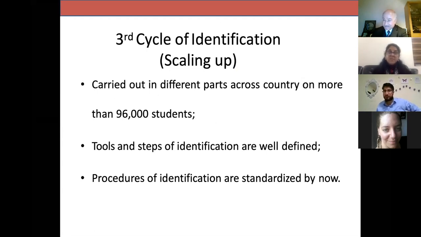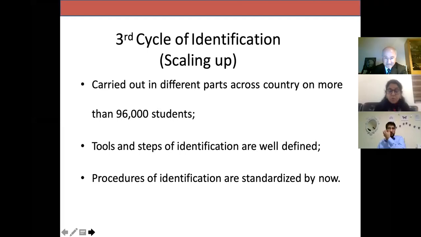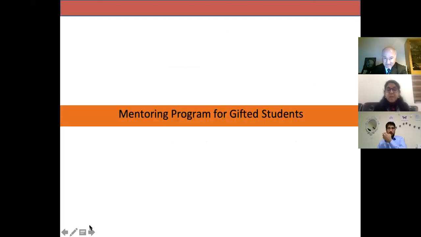We spread across 6 locations all across the country, from the northeast to the southern and western parts, with more than 96,000 students. Tools and steps were well defined, and the procedures of identification were standardized, as we developed norms for different cohorts of students.